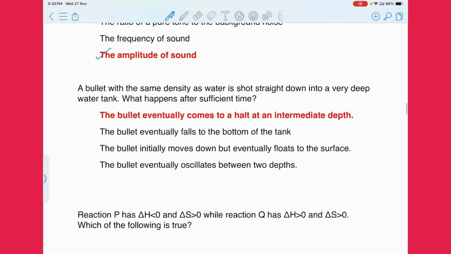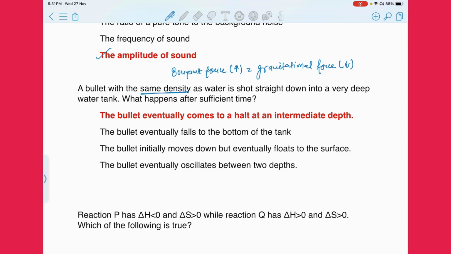The next question says, a bullet with the same density as the water is shot straight down into a very deep water tank. What happens after sufficient time? So here the density is the same. The point where the buoyant force, that is the upward force, will be equal to the gravitational force will be the point where this bullet will stop.